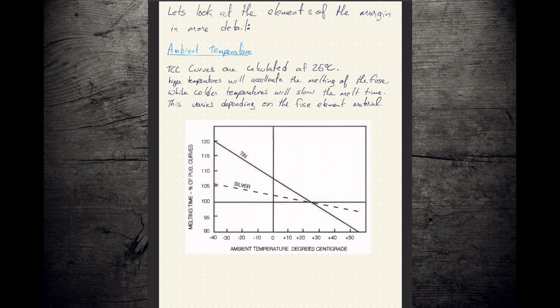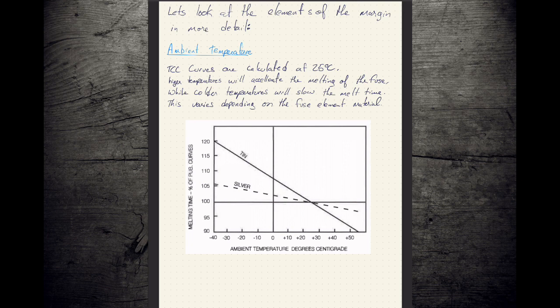And part of the reason the tin elements are so badly affected by temperature, whereas the silver elements are less affected, is that the melting point of tin is much lower than the melting point of silver. So moving up 80 or 90 degrees Celsius, from minus 40 all the way to plus 50, is a much bigger percentage of the melting temperature than it would be for silver.